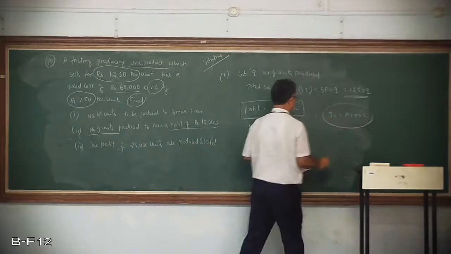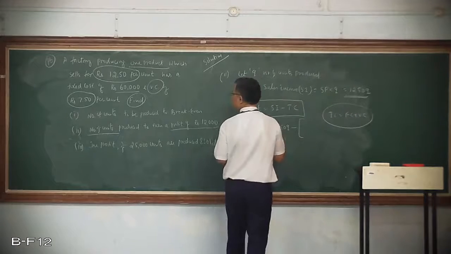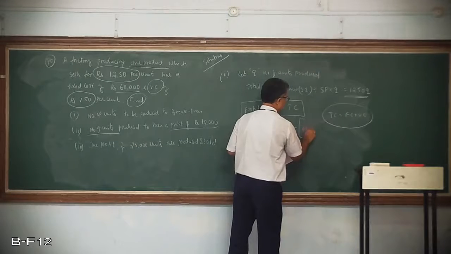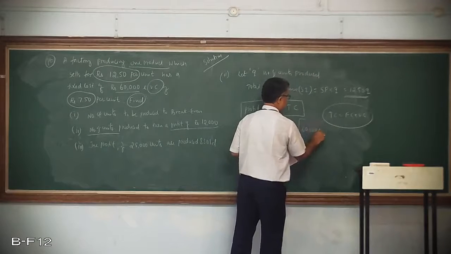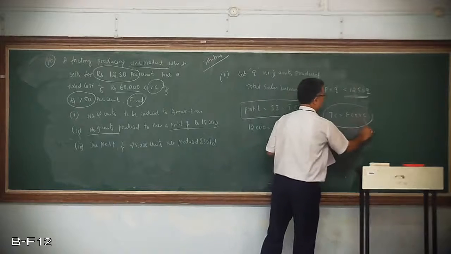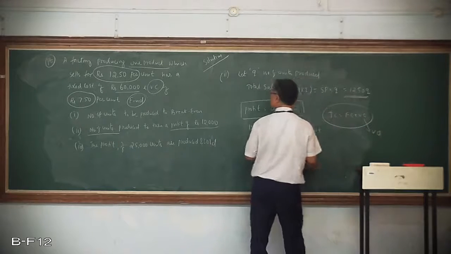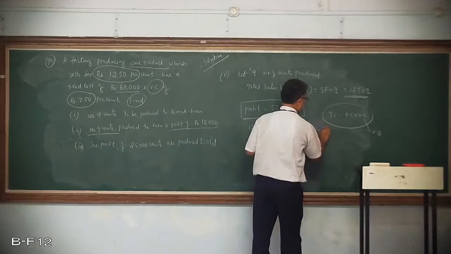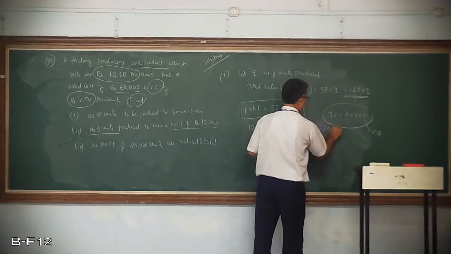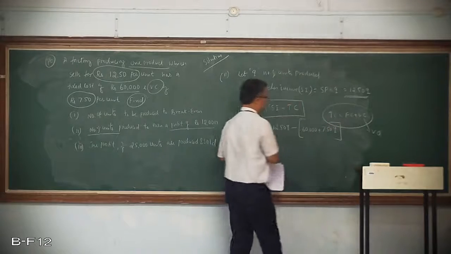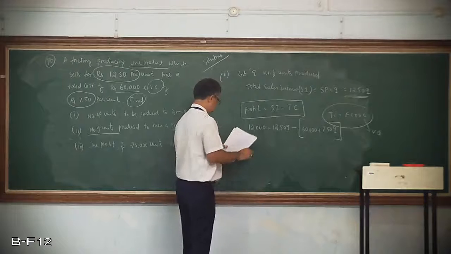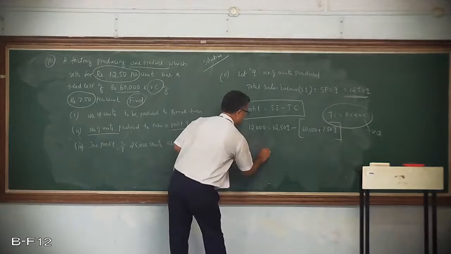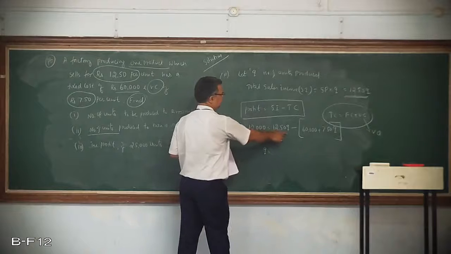Fixed cost is 60,000 plus variable cost VQ, V into Q, which is 7.50 Q. So only Q is remaining here.